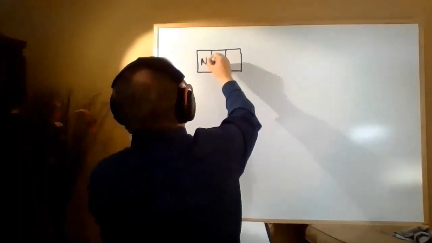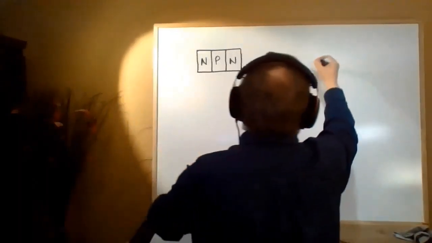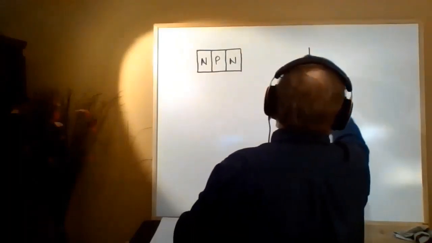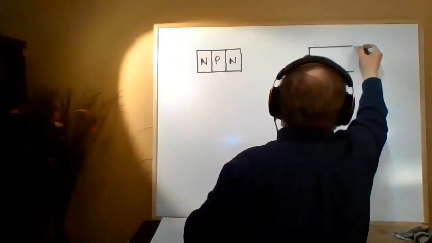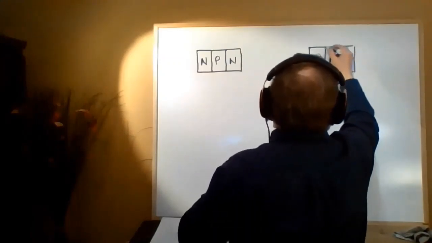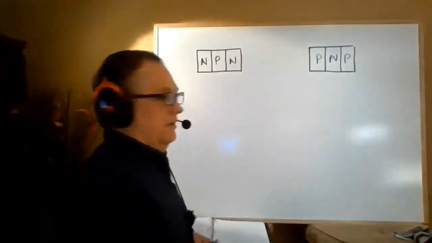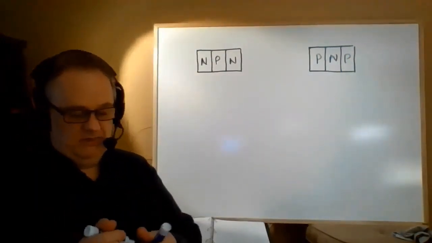We can have N on the outside, P in the middle, and N on the other side, or we can have the inverse of that, which is P on the outside, N in the middle, and then P on the outside.